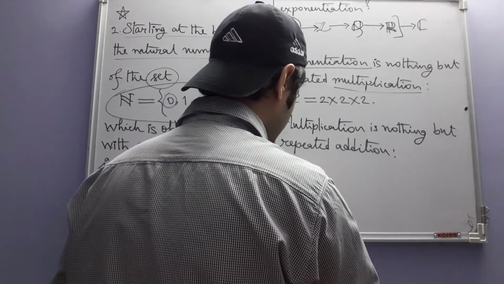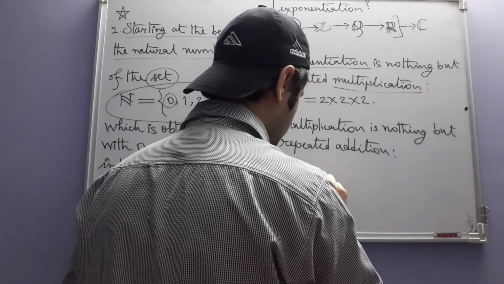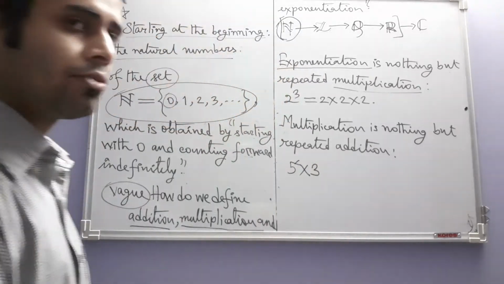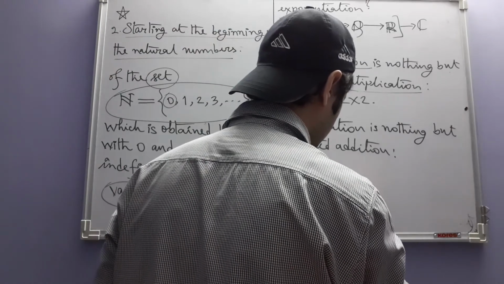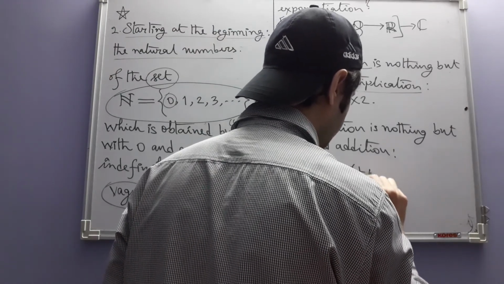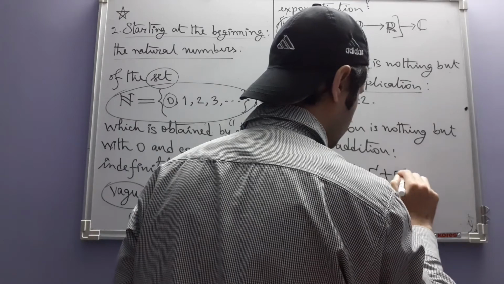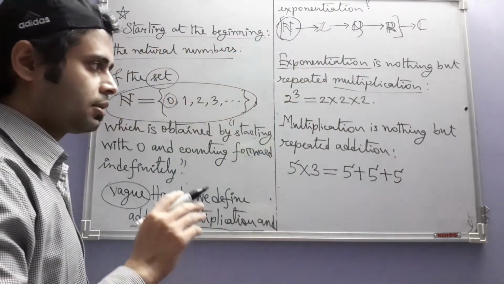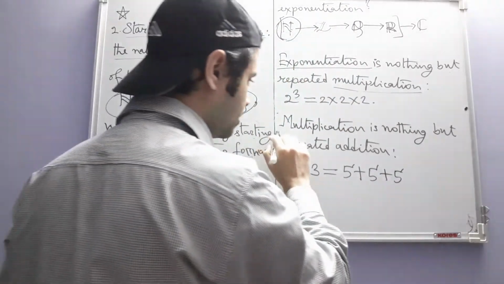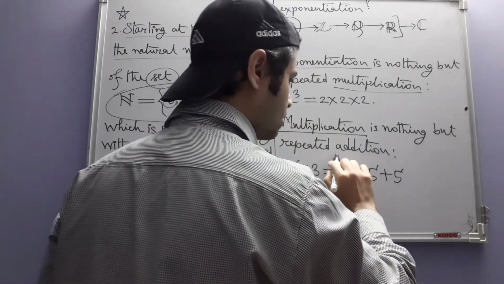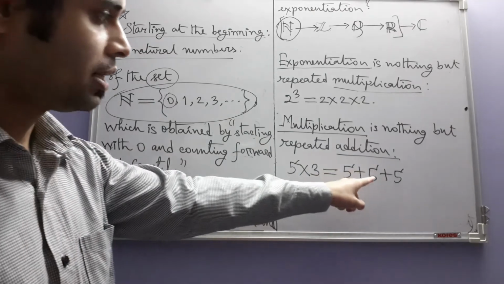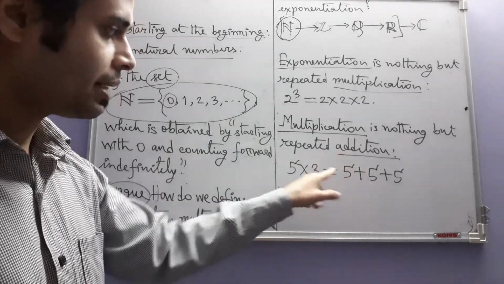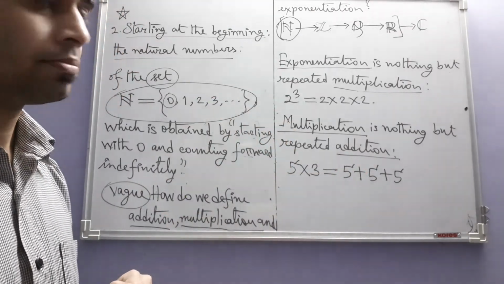For example, if I multiply 3 with 5, that simply means adding 5 three times. So the question of defining multiplication is now the question of defining addition, because if I know addition, then using addition I can define multiplication.